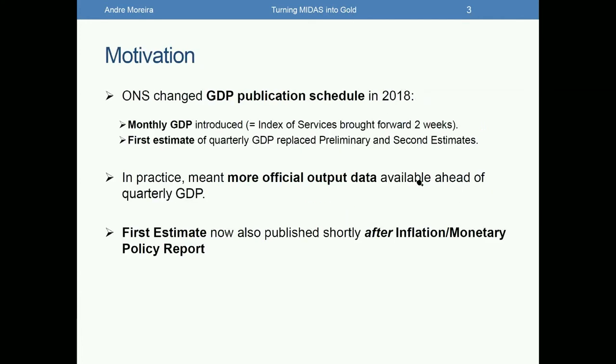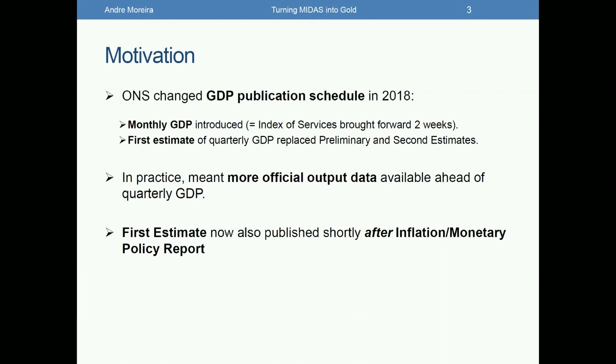Now, the background to this was very much linked to the ONS's change of their GDP publication model, where the ONS started publishing monthly GDP since June 2018, I believe. Alongside that, there were a couple of other related changes.